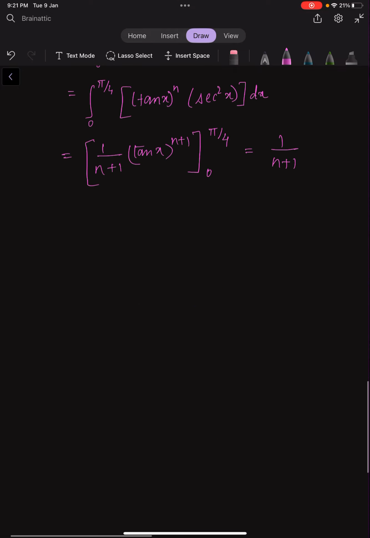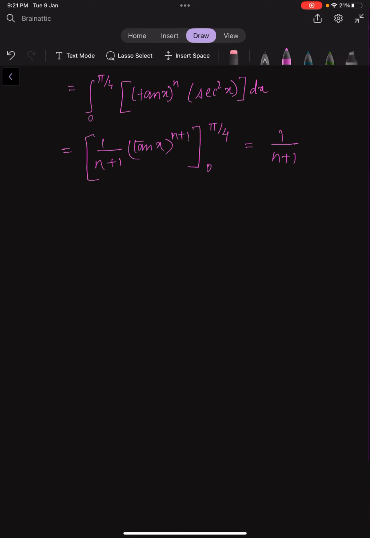Now we have to deduce the second part of the question. So since A(n+1) is less than An, therefore A(n+2) will also be less than A(n+1), which will also be less than An, correct?